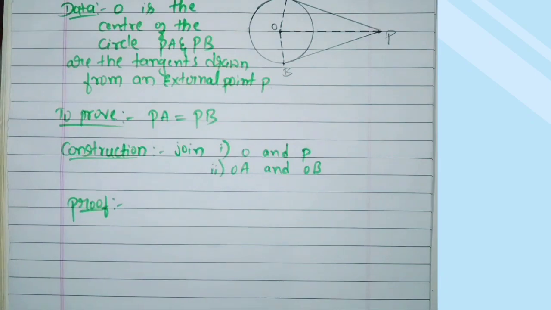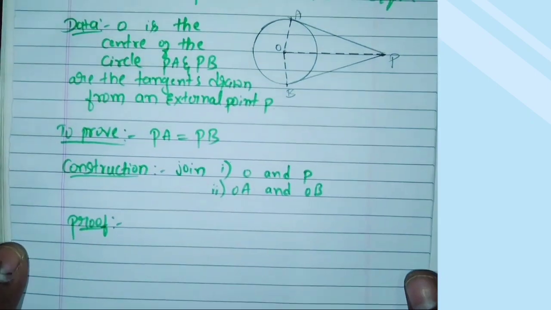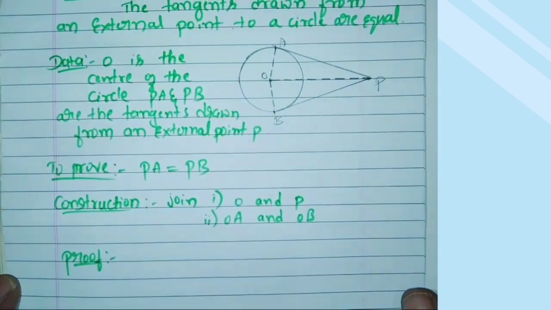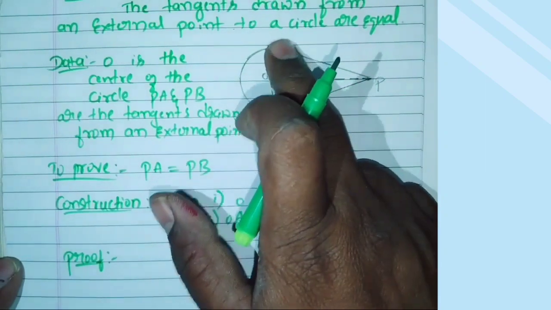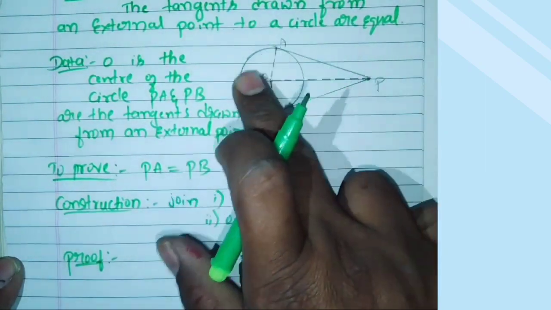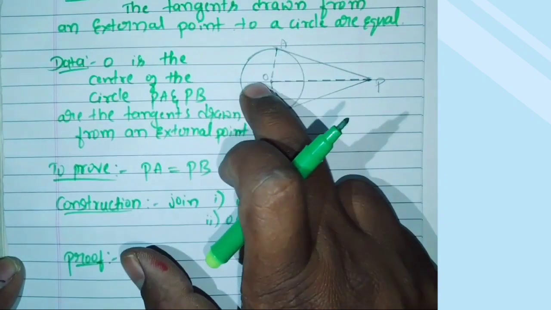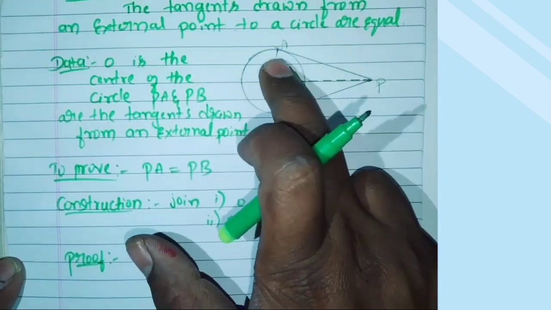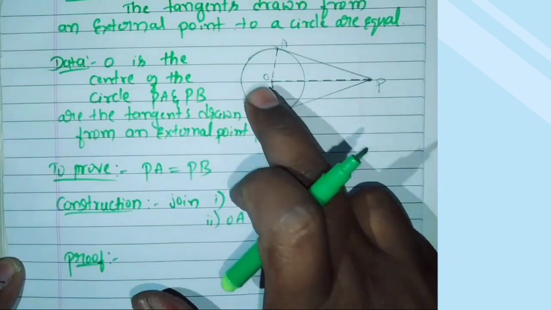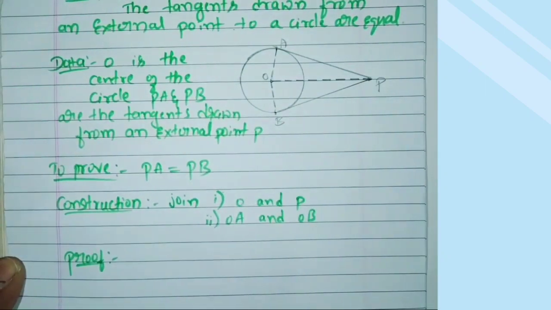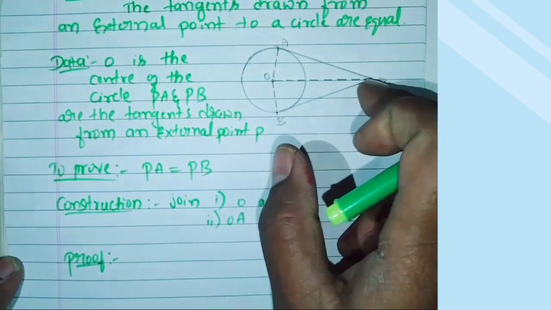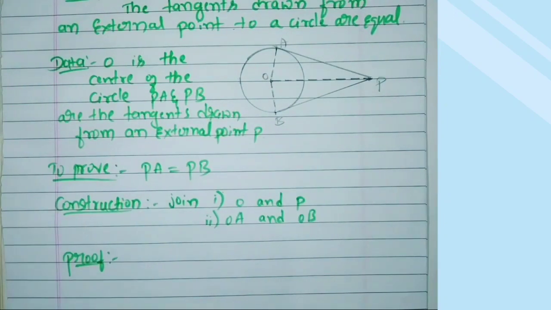Okay, proof. Now after construction, you are observing that there are two right triangles: triangle AOP and triangle BOP. These two right triangles you are observing. Okay, my dear students.